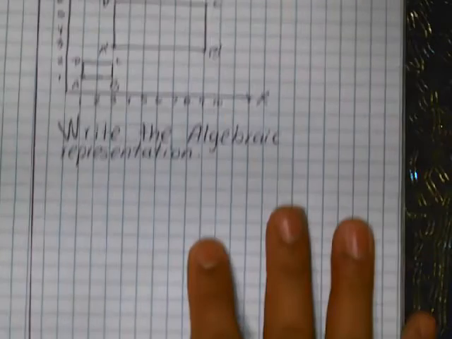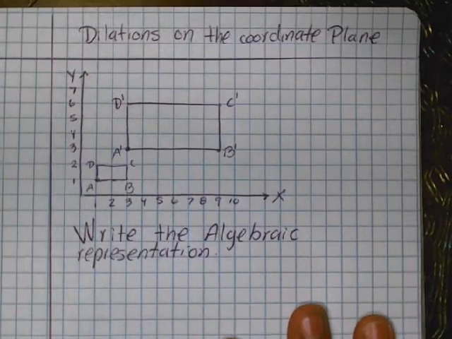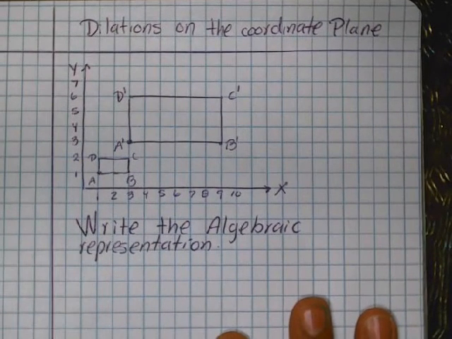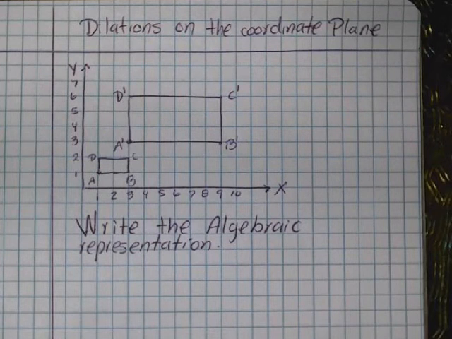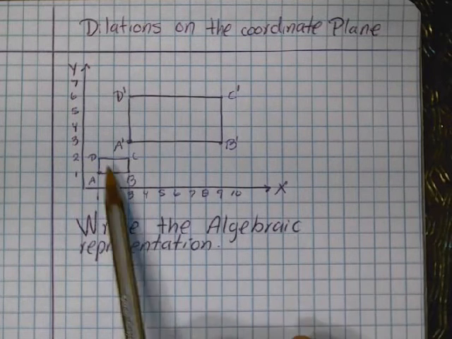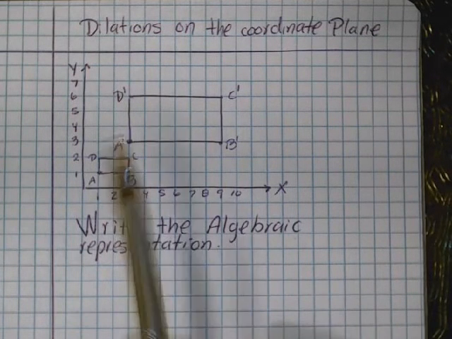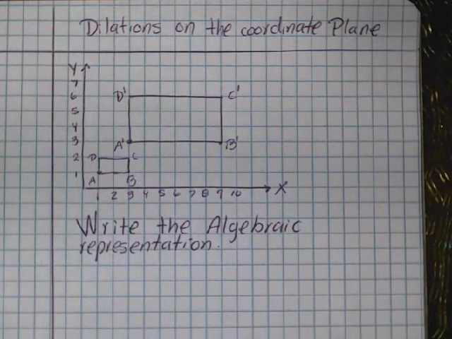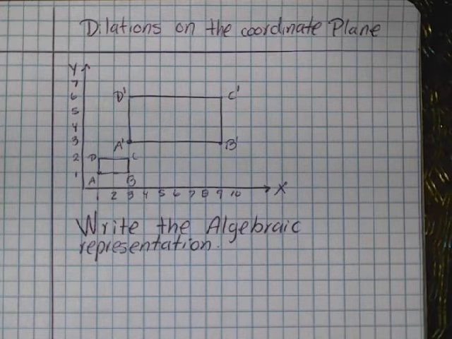So on my next page, I'm going to talk about an example of dilating a shape on the coordinate plane. My instructions are asking me to write the algebraic representation based on these two figures. Let me show you how to do this.